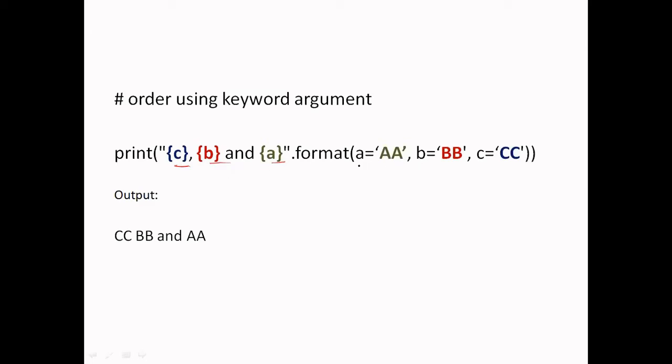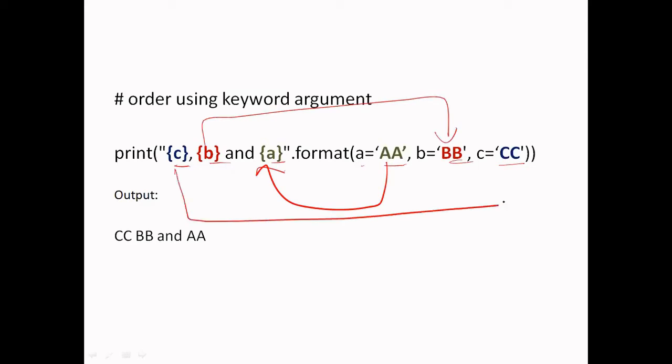In this case, I have used keywords A, B, and C, which have values double A, double B, and double C. So this value will be replaced here, and keyword B will be replaced by its value double B, and keyword C will be replaced by its value double C. So we will get this string as an answer.